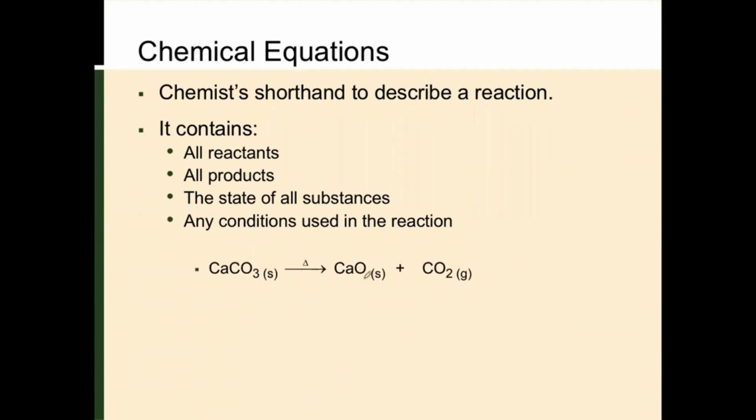If we heat up some calcium carbonate, we will form calcium oxide, and we will also form carbon dioxide. We can see this is already a balanced equation, because we have 1 calcium, 1 carbon and 3 oxygens on the reactant side, and on our product side we have 1 calcium, 1, 2, 3 oxygens, and 1 carbon. So we have a balanced equation straight off.